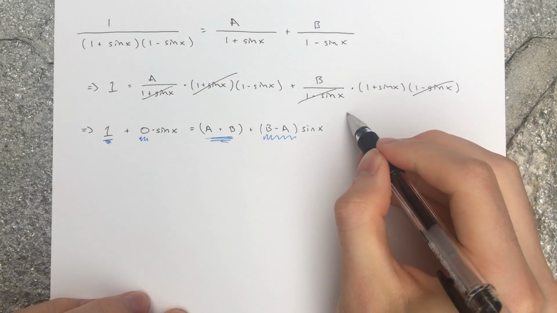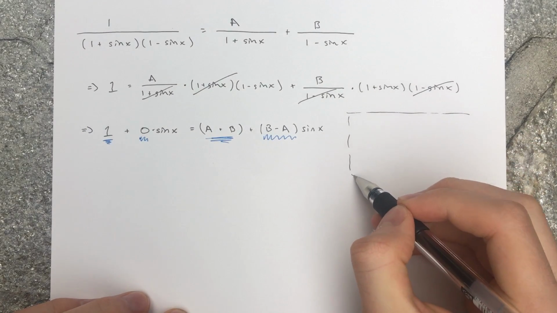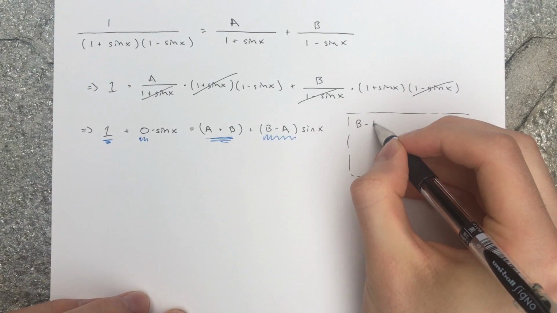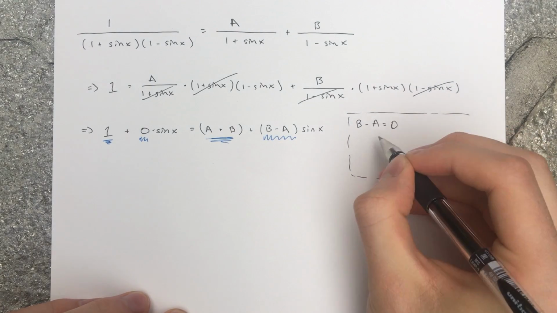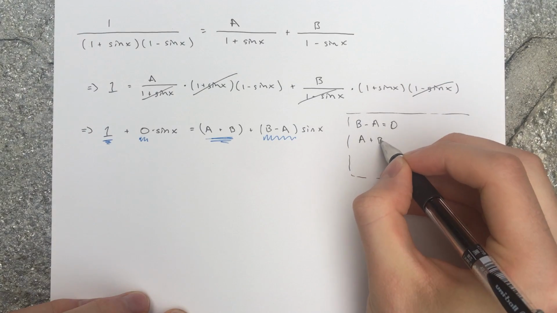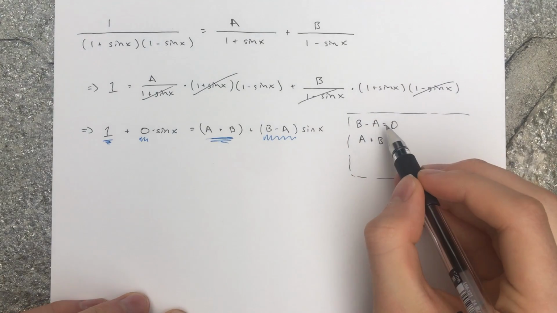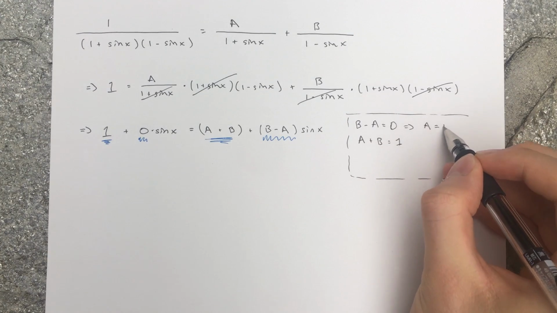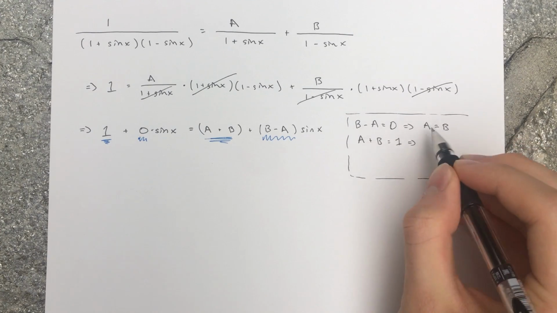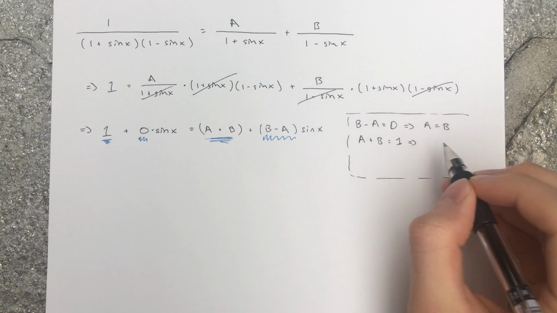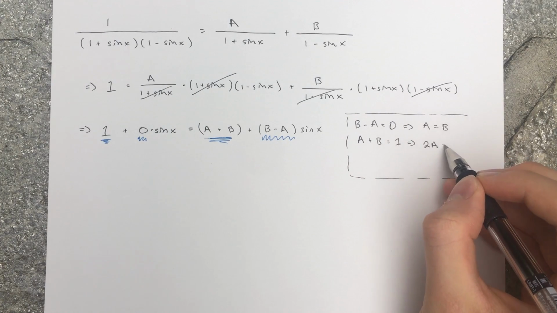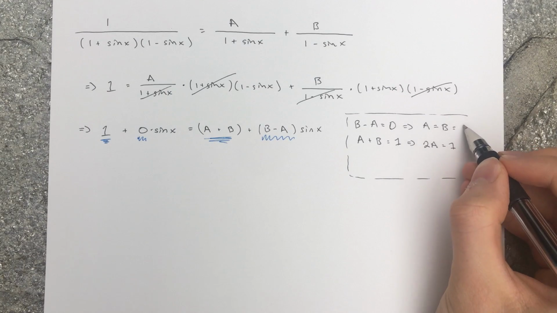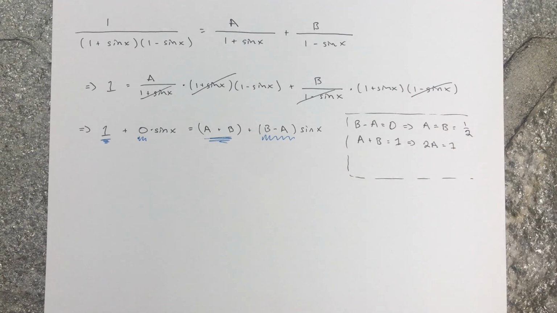So I'm going to do this on the side right here really quick. B minus a equals 0, and a plus b equals 1. This first equation tells us that a is equal to b, and then plugging that into the second equation, we'll get a plus a equals 1. So 2a equals 1. And that will give us a equals b equals 1/2.